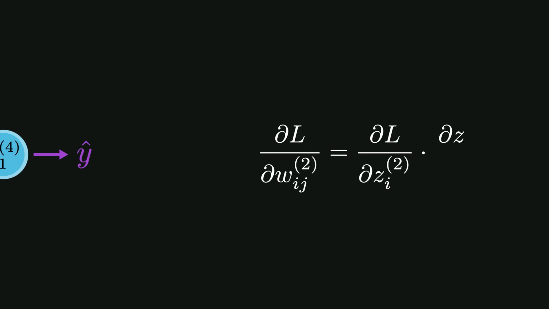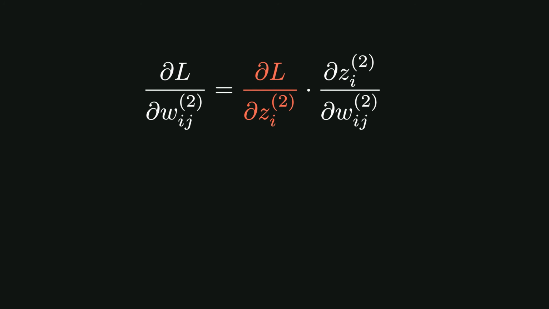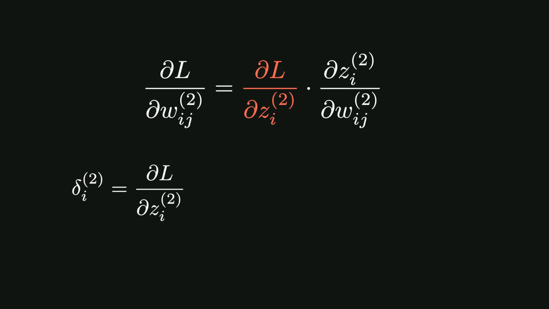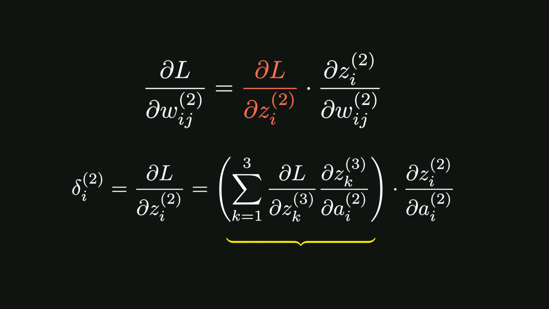Now, let's look at the partial derivatives of the weights this time. I'm not showing the full expanded form, only the delta terms, along with the derivative of the weighted sum. Here is where things get a bit more interesting. When we apply the chain rule, we get a slightly different expression. This term right here represents the sum of contributions coming through all the nodes in the next layer.